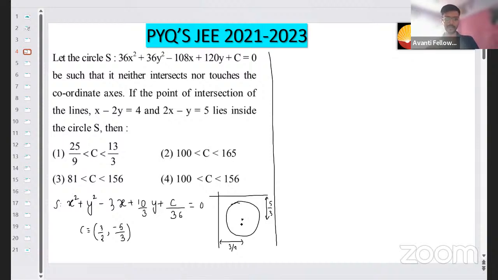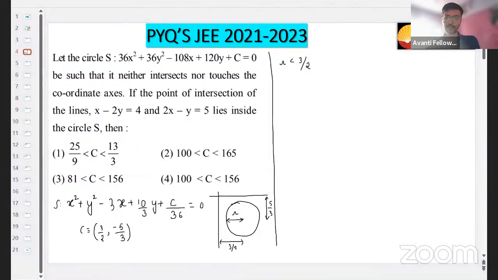I'm not writing it. Our diagram will become like this, and this will be the radius. So what is the first condition we got, guys? The radius will always be less than 3 by 2.